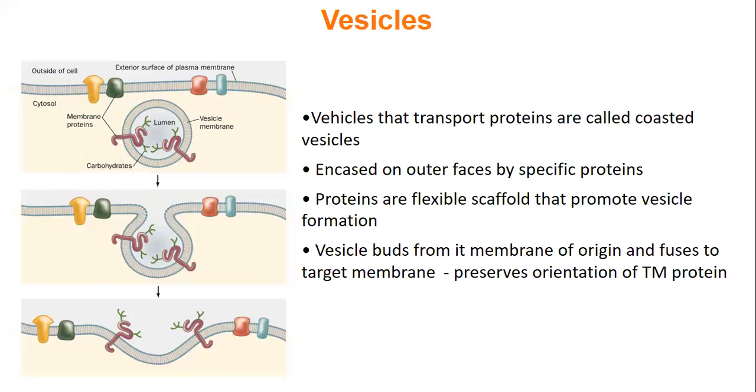And these vesicles, they're not just lipids, they're going to be coated with proteins, which we'll get to in a second. This picture is kind of hard to understand the first time you look at it. So it's like step 1, step 2, step 3. What happens is that this vesicle will go and fuse with the plasma membrane.